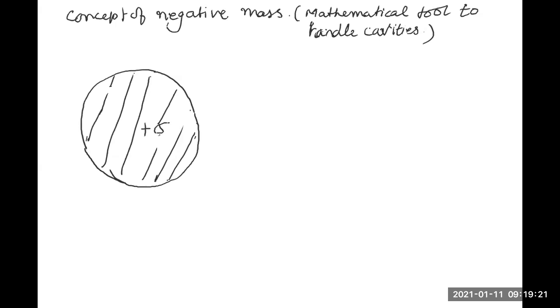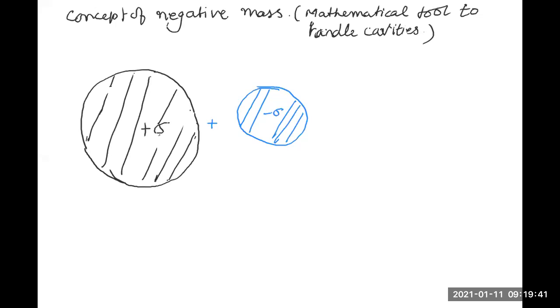On this we add another disk of density minus sigma.